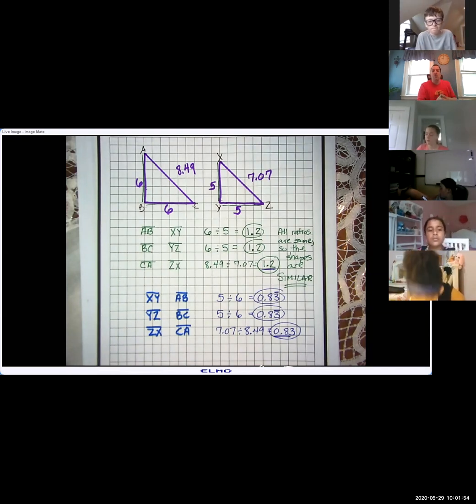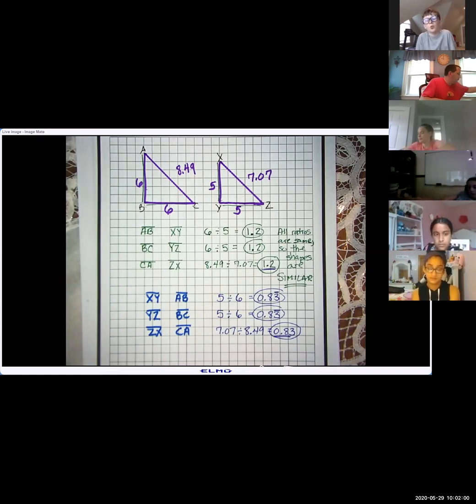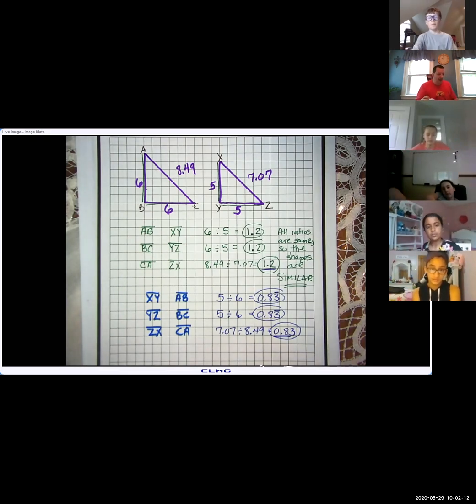When you work on your independent practice tonight, you're going to be looking at congruent sides and similar figures. You're going to be finding if shapes are congruent or not, looking at congruent sides, corresponding angles, corresponding sides.